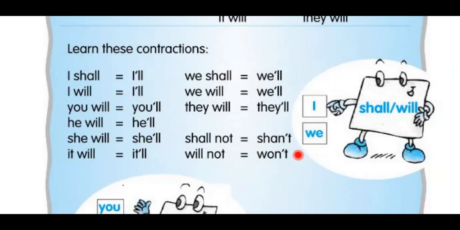Now I'll give you a sentence and you have to tell me the negative one, using the contraction. I will go to the park. No. You have to say the negative one using this and this. I will not go to the park. You have to say the negative, the opposite sentence.